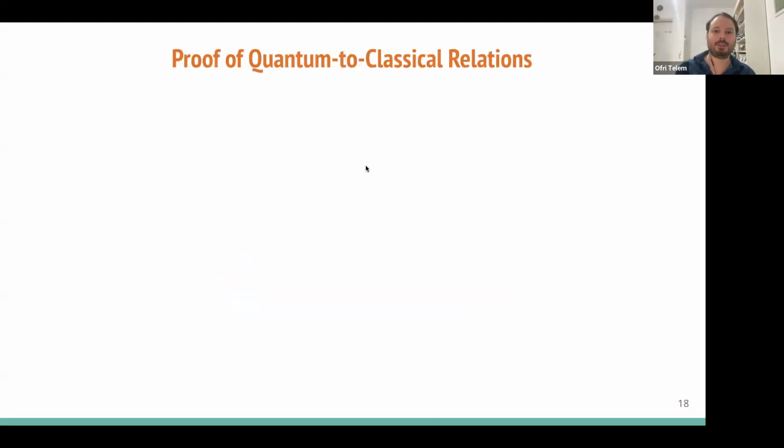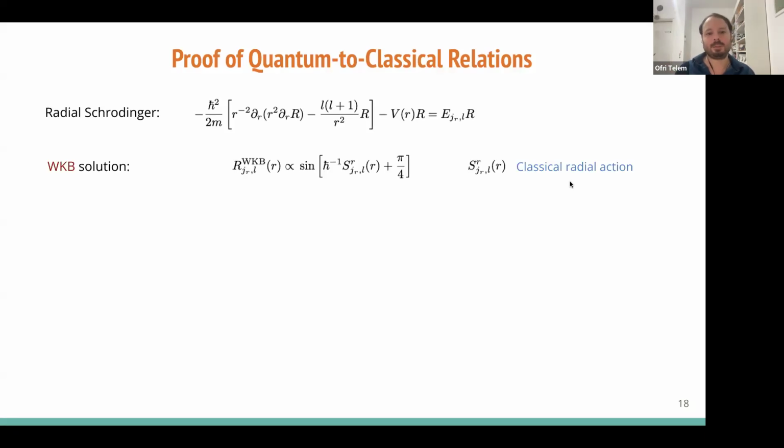Okay, so let me just prove it to you. The proof is WKB. I start with the Schrodinger equation, and I know that there are WKB solutions, which basically go like the sine of the classical radial action over h bar. That's already a quantum-classical connection, which has been known for 100 years from WKB.